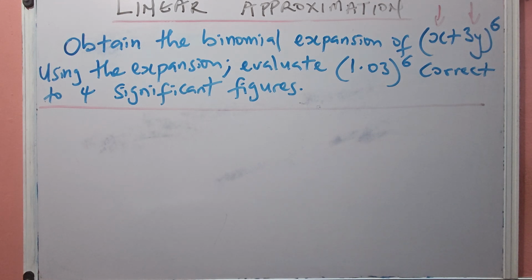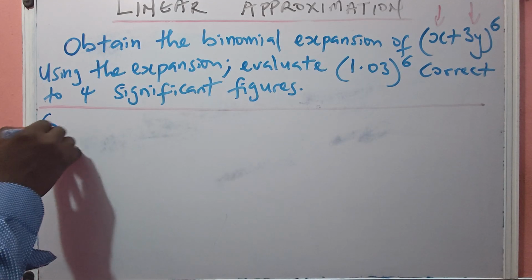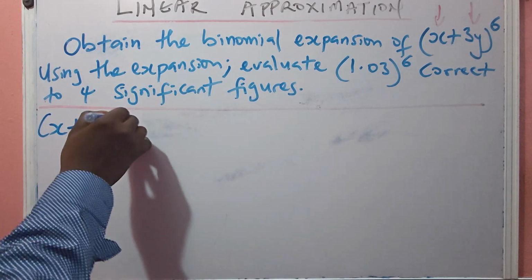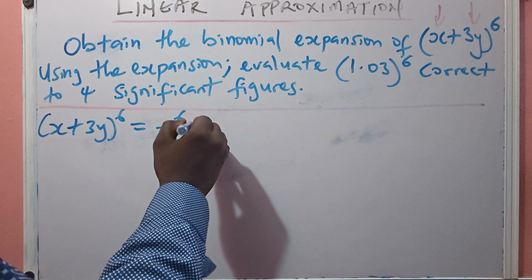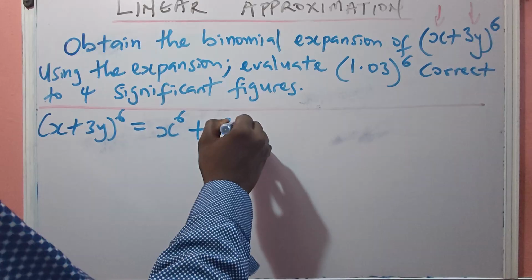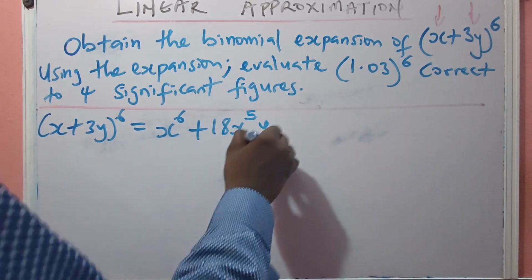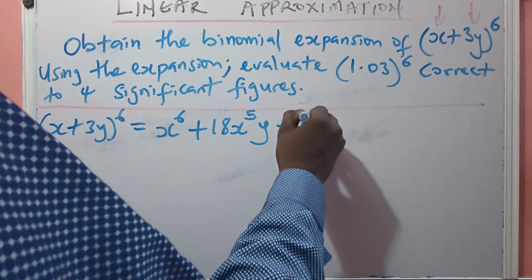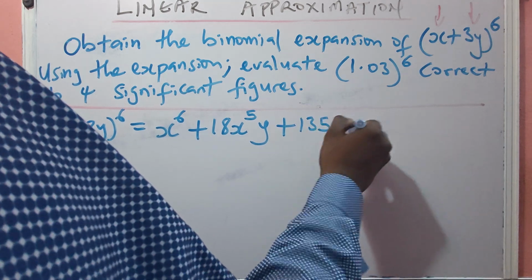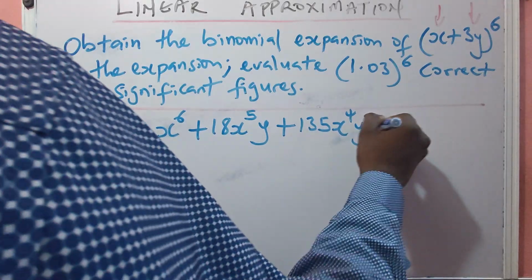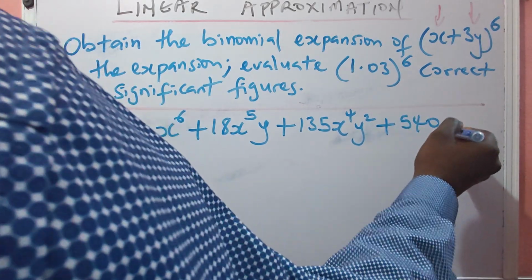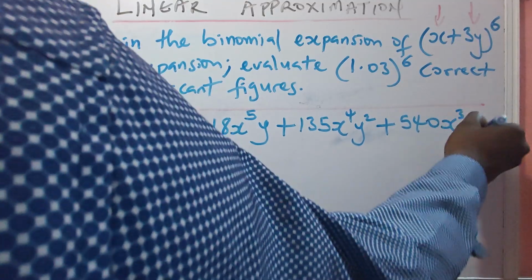Of course, the very first question wanted us to obtain the binomial expansion of x plus 3y raised to power 6. So if you follow the right procedure, x plus 3y raised to power 6 will be giving you x raised to power 6 plus 18x raised to power 5 y plus 135 x raised to power 4 y raised to power 2 plus 540 x raised to power 3 y raised to power 3.